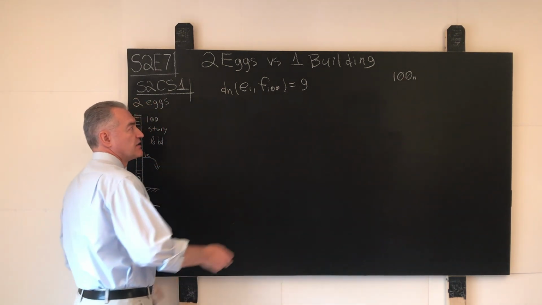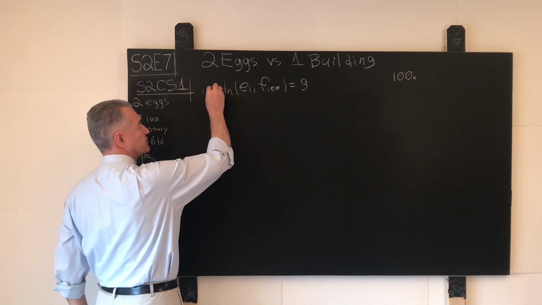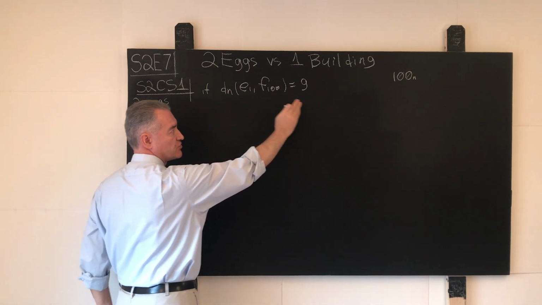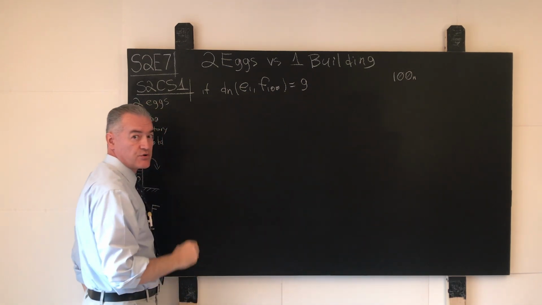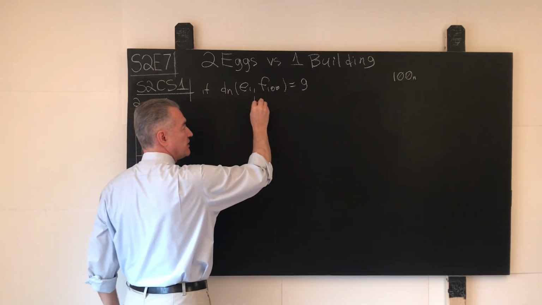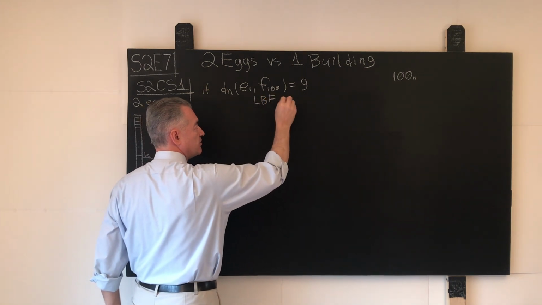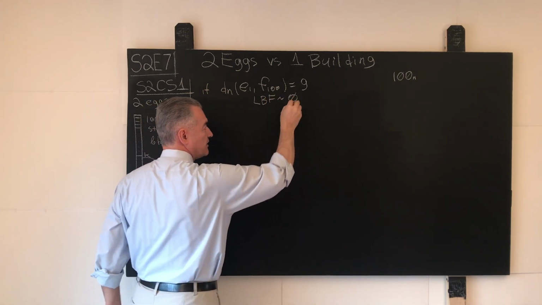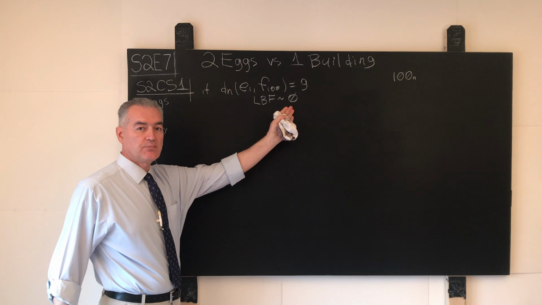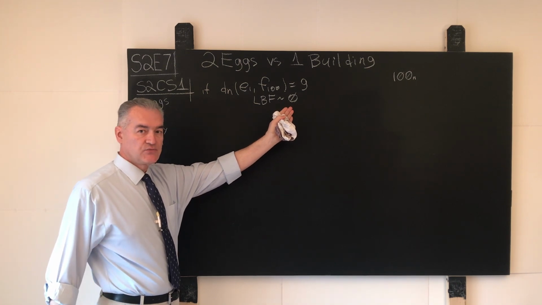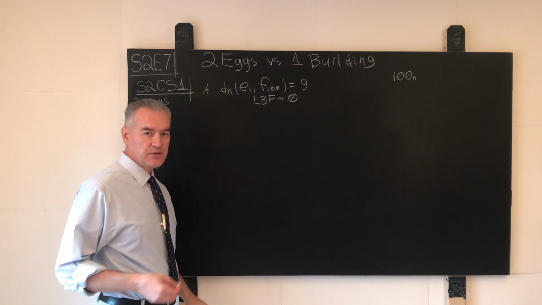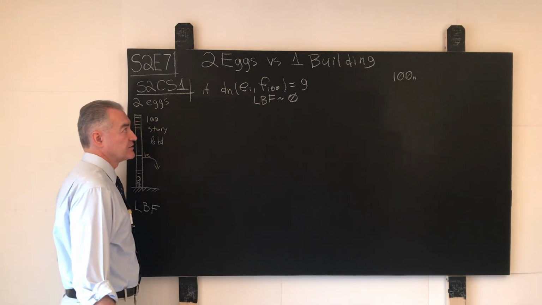It means that the LBF, lowest bed floor, in this building is not existent, and tentatively, using artistic license, we'll designate this with the symbol for the empty set. There is no lowest bed floor in this building, and these eggs are too tough for this building. We'll probably need a higher building to break these eggs.